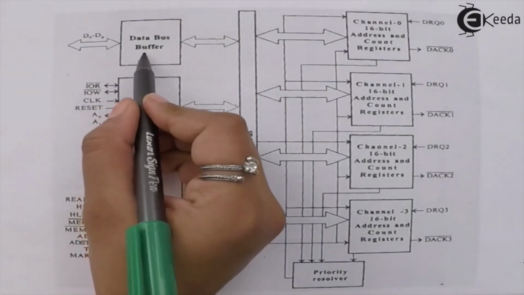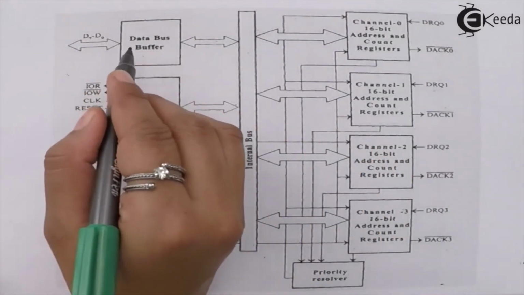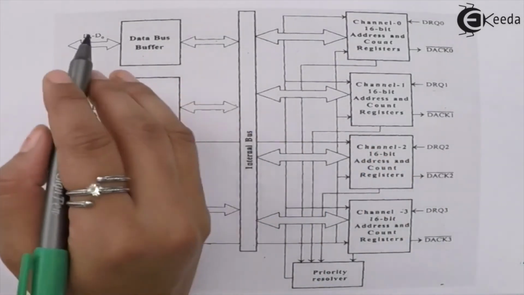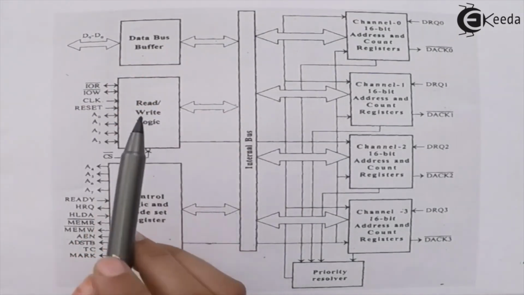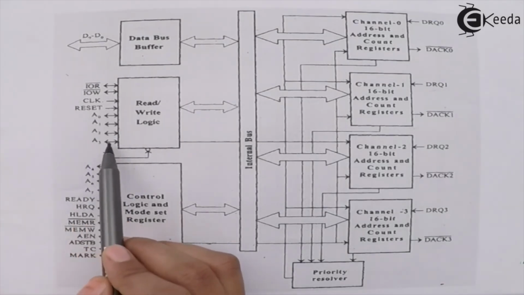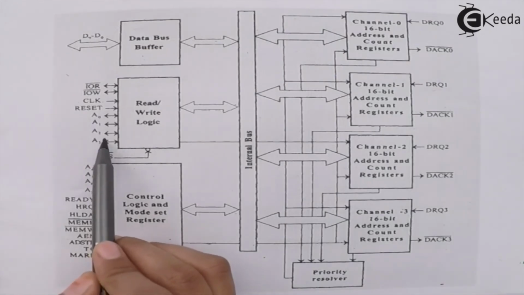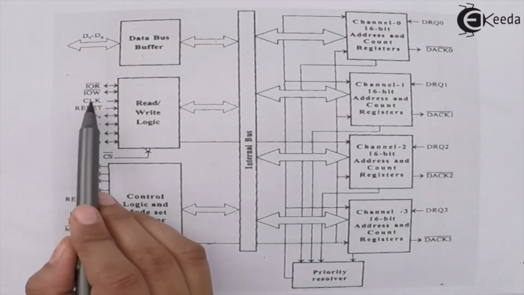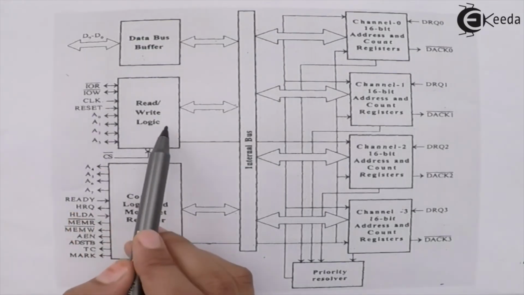This buffer contains the 8-bit data which is to be transferred. Then we have the read and write control logic. To this logic, the four lower order address lines A0 to A3 are connected, and we have the reset signal, clock, and input output read and write signals.